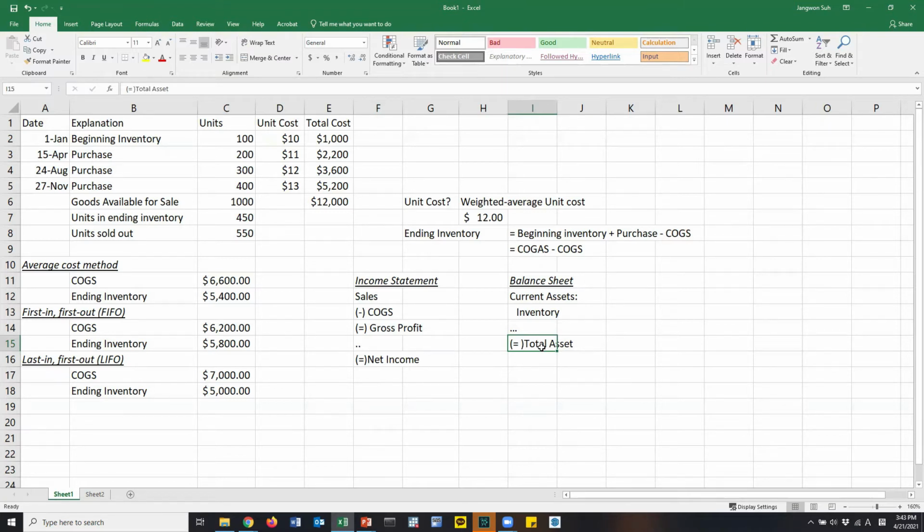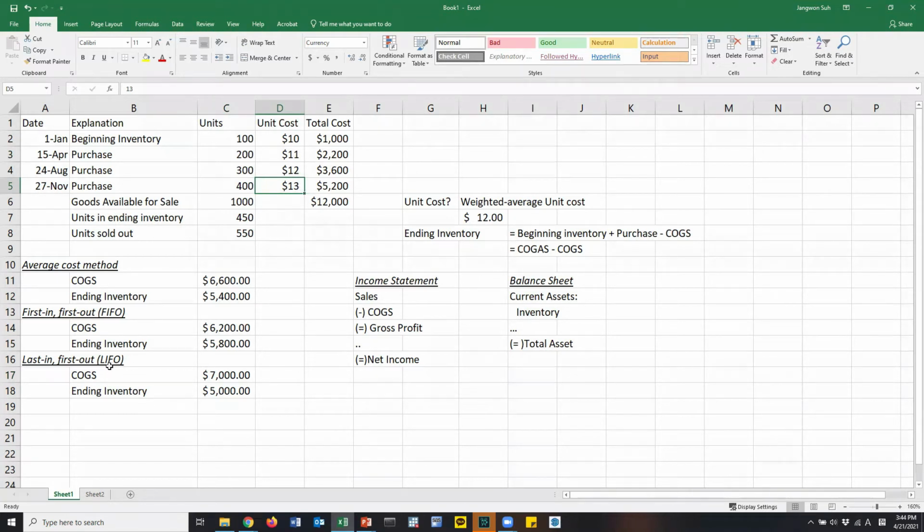What do you think? What results in this highest cost of goods sold on the LIFO? Think about that. If you need more time, pause the video. Yes, the reason is that on the LIFO, the last items are first included in the cost of goods sold. Meaning, you see that the price level goes up and up from 10 to 11 to 12 to 13.